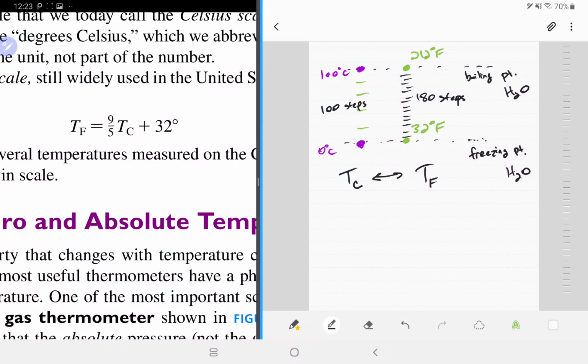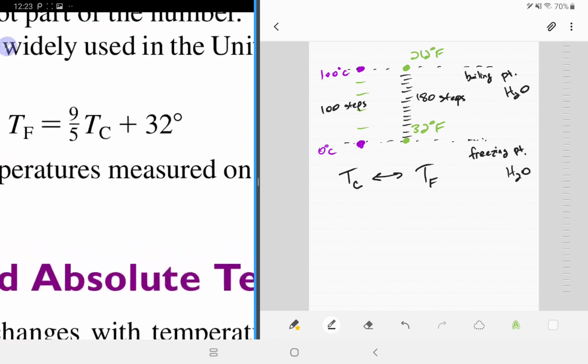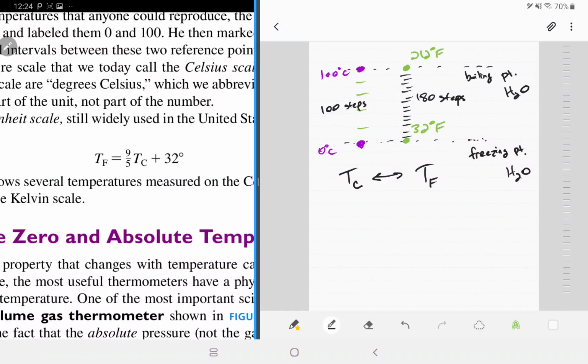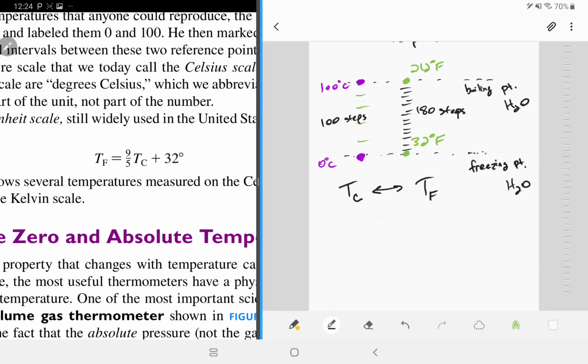We need some equation relating these two things. The relationship involves this factor 9/5 for the ratio, and then there's an offset of 32 degrees. And that's exactly where this equation came from.